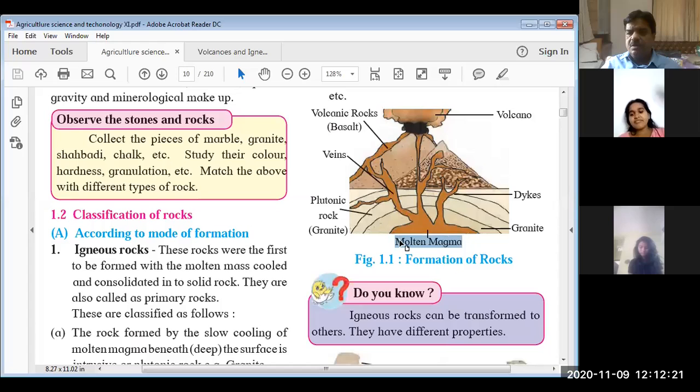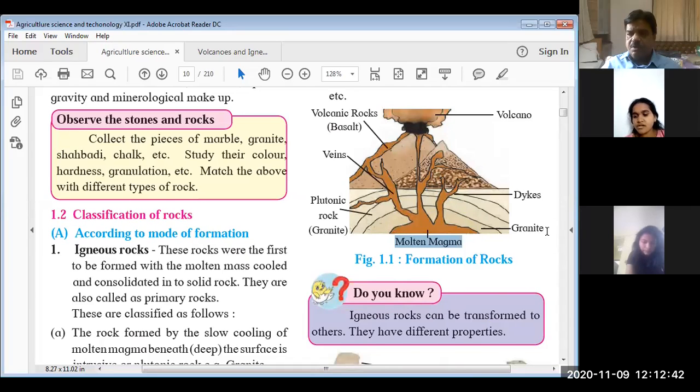Molten magma means a mass of minerals that is molten, but it comes out through this burrow-like situation where the surface of soil is very thin. Then the lava comes out of the surface of soil.